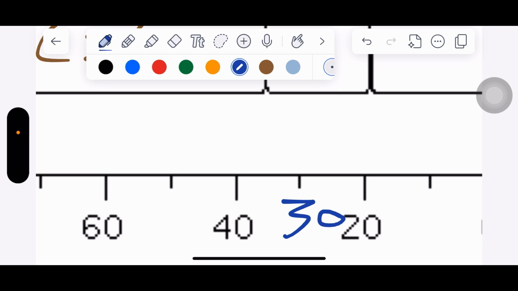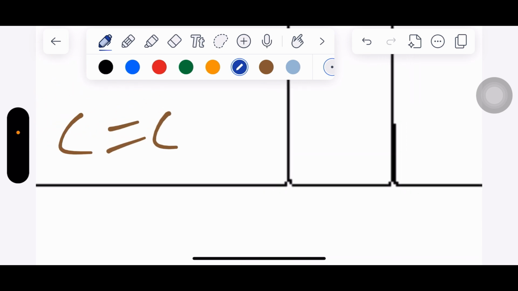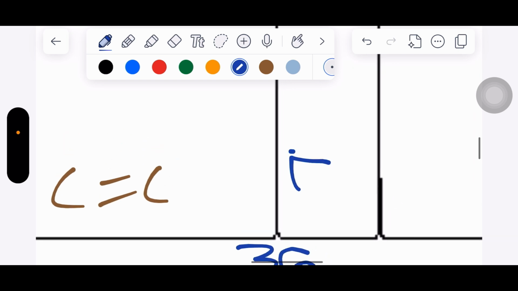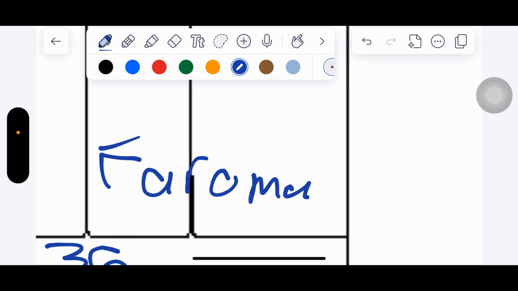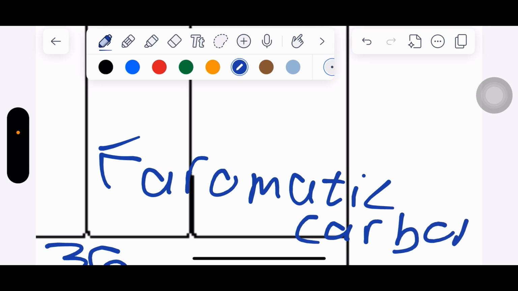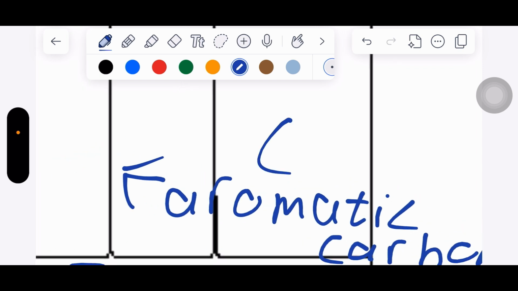This is 30 right here, so I would have to say it's around 35. Aromatic carbon. This is CH.